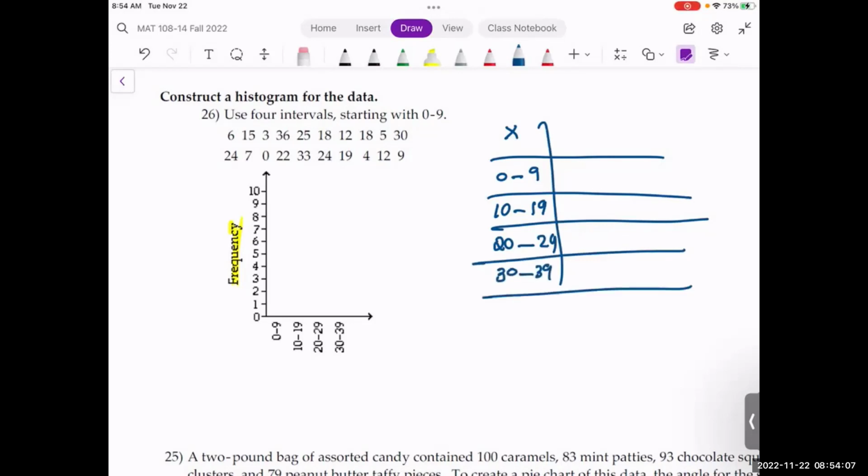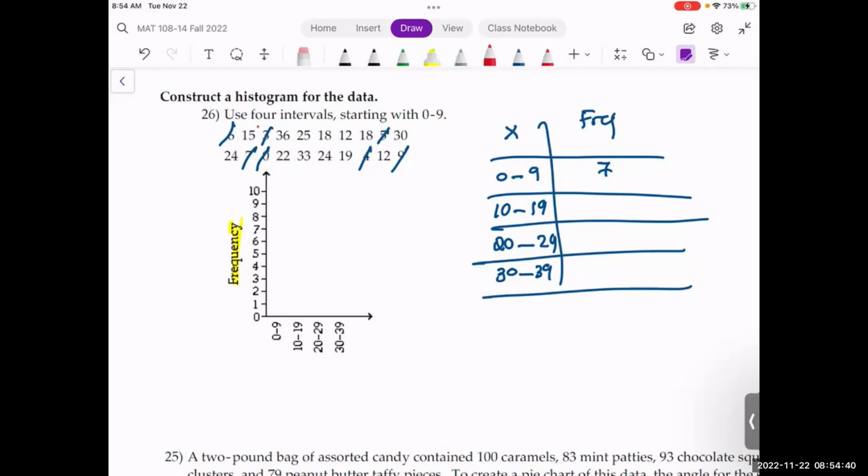So now for the frequencies, you want to figure out how many are between 0 and 9. This is 1, 2, what else? 3, 4, 5, 6, 7, including 9, right? So this is frequency 7. Are we okay? And then you figure out how many are between 10 and 19.